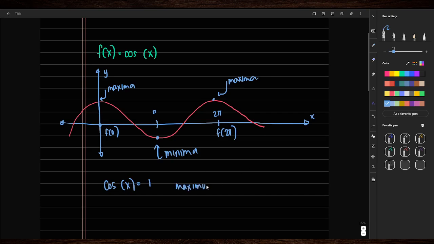Let's say this is 1. All throughout this one, this is 1. And so we could say that cosine of 2n pi is equal to 1.